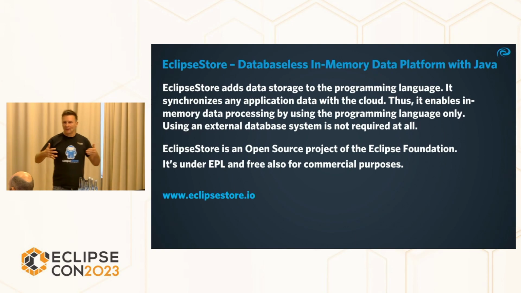And vice versa, it allows you to load and restore any persisted objects in memory at any time. By using lazy loading, it also allows you to only load and restore subgraphs in memory, so you don't have to restore the entire system state.